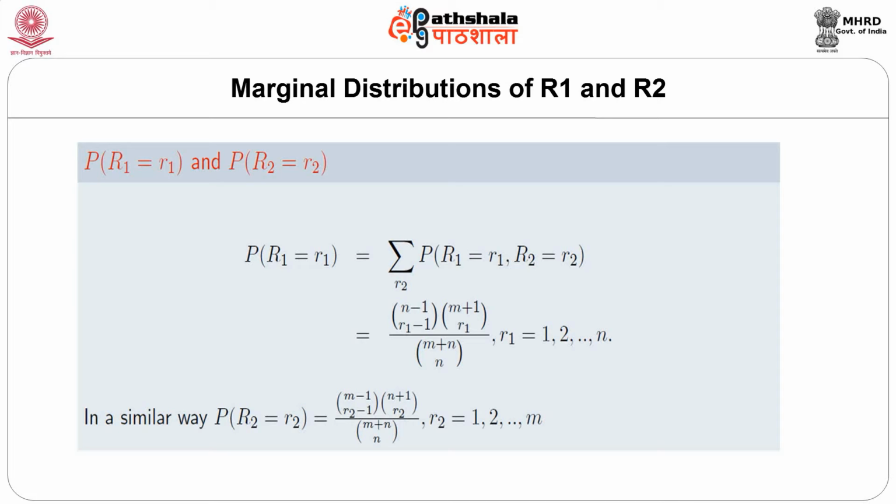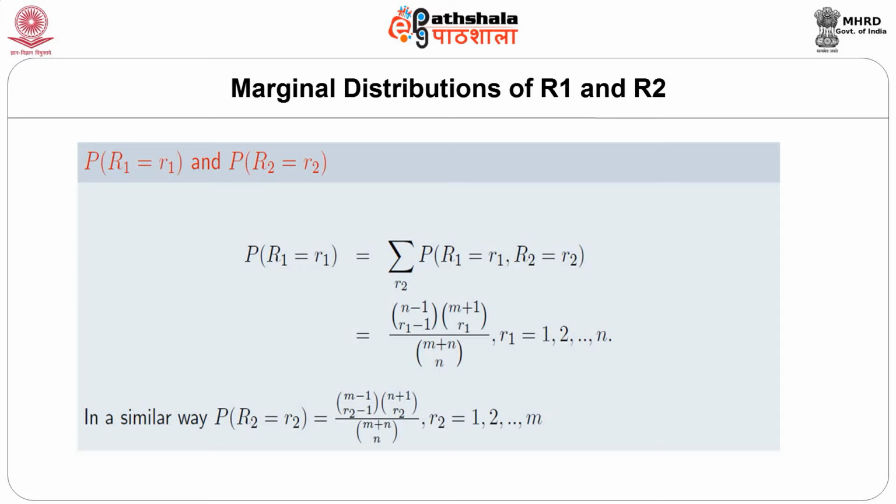Next, we shall obtain the marginal distributions of R1 and R2. It is well known that the marginal distribution of R1 is the summation of the joint distribution of R1 and R2, where the summation is taken over all possible values of R2. After a little algebra, one can find the marginal PMF of R1 as n minus 1 choose r1 minus 1 multiplied by m plus 1 choose r1, divided by m plus n choose n, where r1 ranges from 1 up to small n.